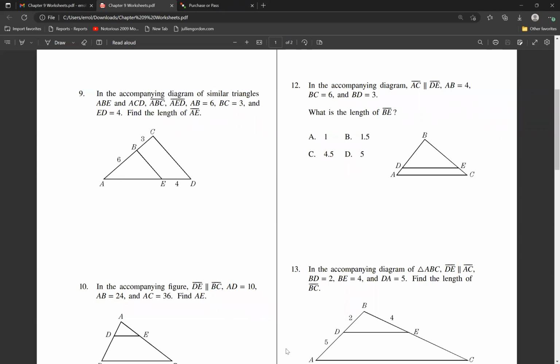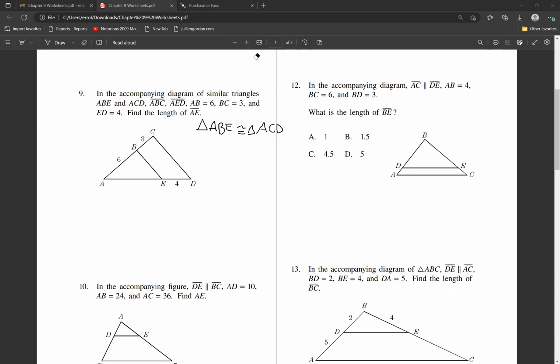Okay, so we're just going to label some of this stuff here. They're saying that triangle ABE is similar to triangle ACD. Where's ABE? AB is this one on the left. And ACD is the big one, the whole thing.